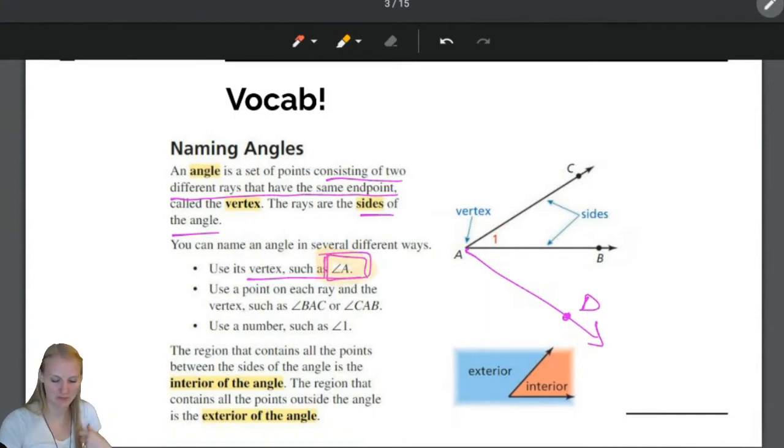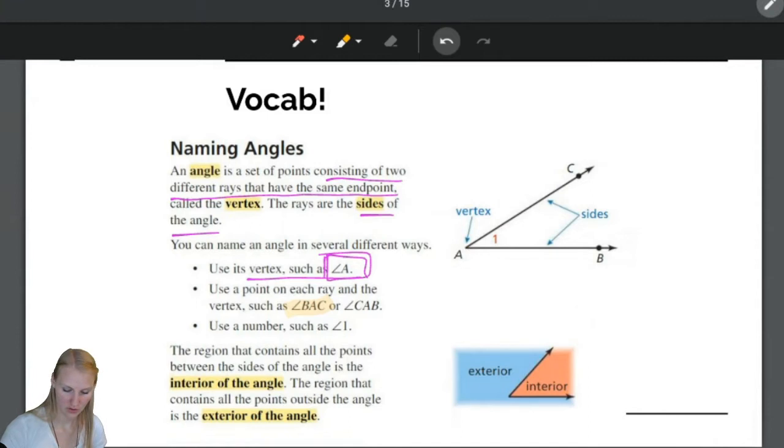So instead of naming it that way, you can use a point on each ray and the vertex. So we can say angle BAC. Ray, vertex, ray. You can also call it CAB.